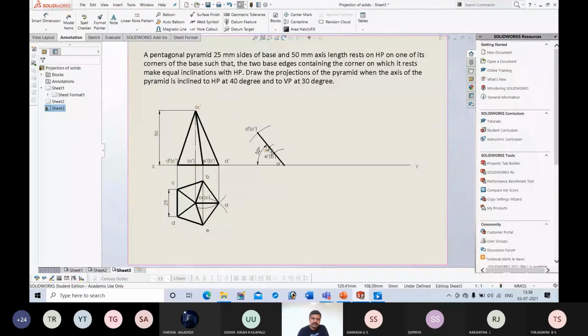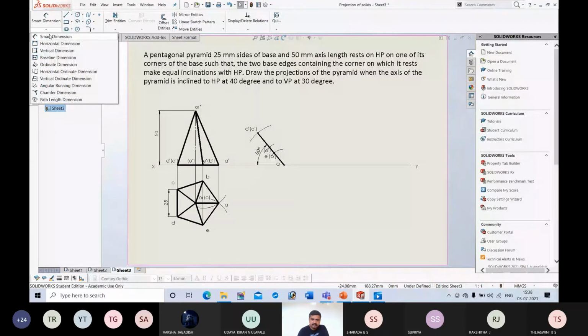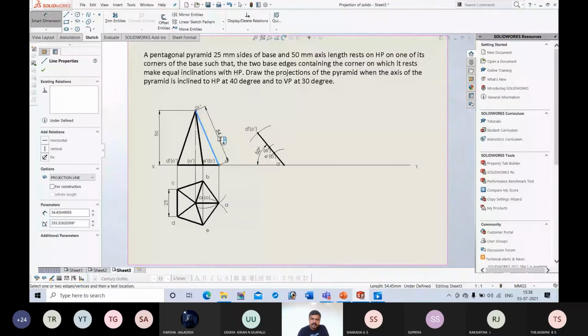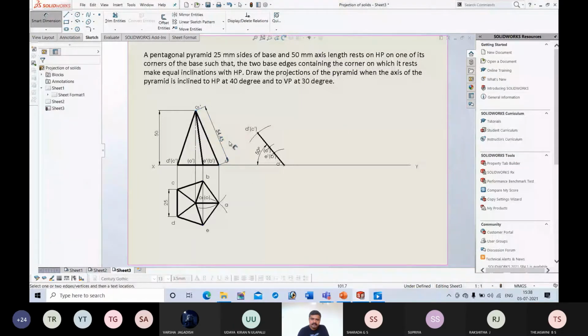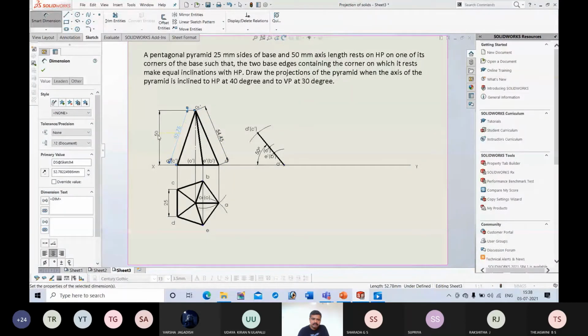First, I will measure the radial distance between these 2 points. Next, with A dash as center and the radial distance between A dash and the apex, I will draw an arc.